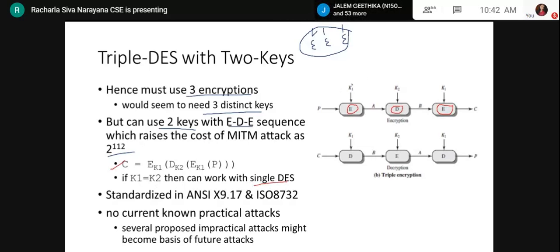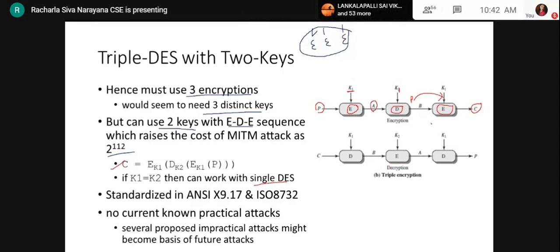Why? We take K1, perform 16 rounds and get the cipher text. If this cipher text is decrypted again with K1, we get the plain text P. If decrypted with the same key, we get the plain text again. After getting the plain text, we encrypt with K1 again, and we get C.